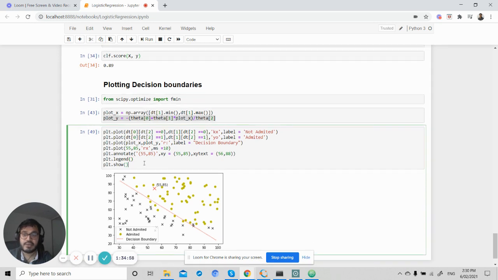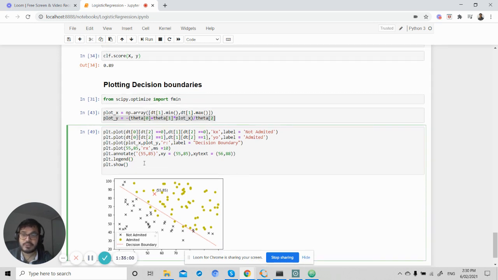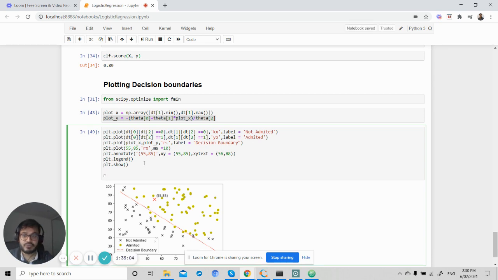And let's check the probability, like how much probability do we get. So it will be sigmoid.